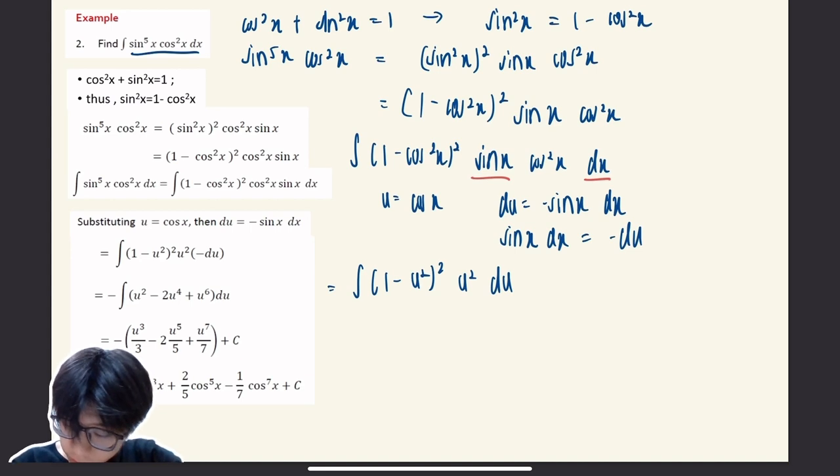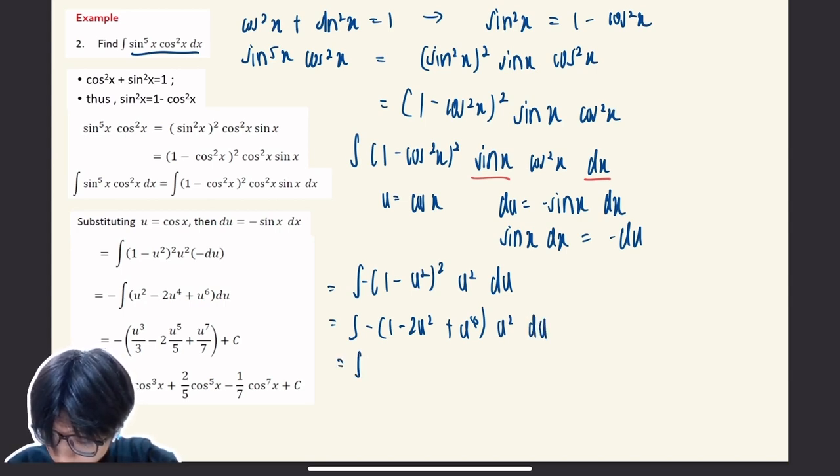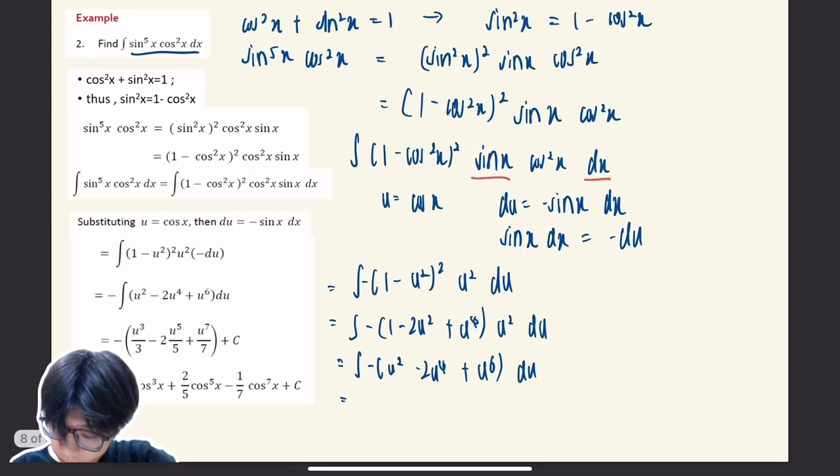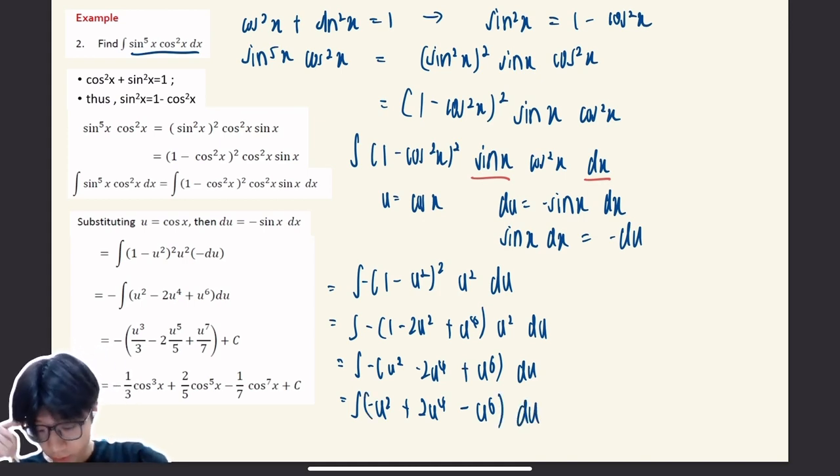The negative you can just put here, and then by expanding you will be getting 1 minus 2u squared plus u to the 4, and then expand again, negative u to the 6 du.